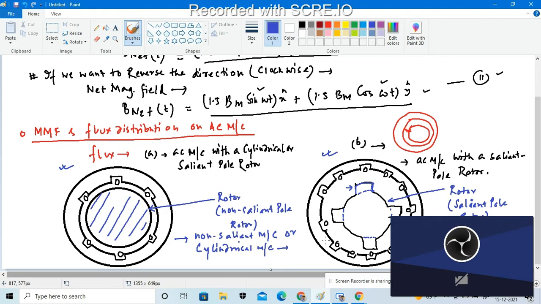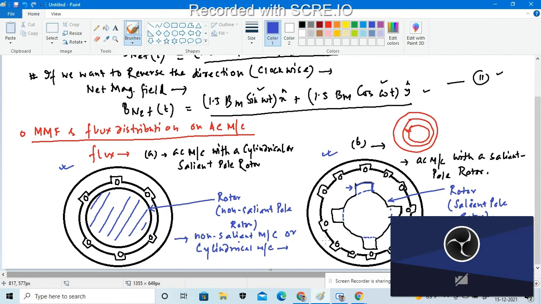We will discuss the working principle and how the flux is distributed in the induction machine and the synchronous machine in the next module. In this module, we emphasize the non-salient pole machine having a cylindrical rotor.